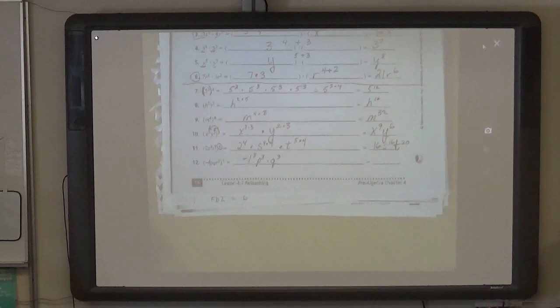But why do you have the negative? You don't need to write the 1, but it's important to understand that it's still there. It's still a -1. It's just easier for multiplying.